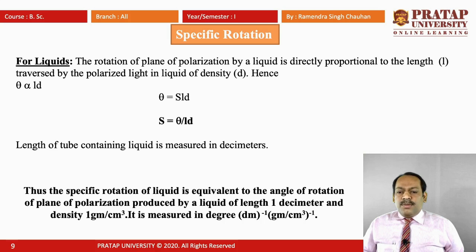Thus, the specific rotation of a liquid is equivalent to the angle of rotation of the plane of polarization produced by a liquid of length 1 decimeter and density 1 gram per centimeter cube, and it is measured in degrees per dm per gram per centimeter cube.